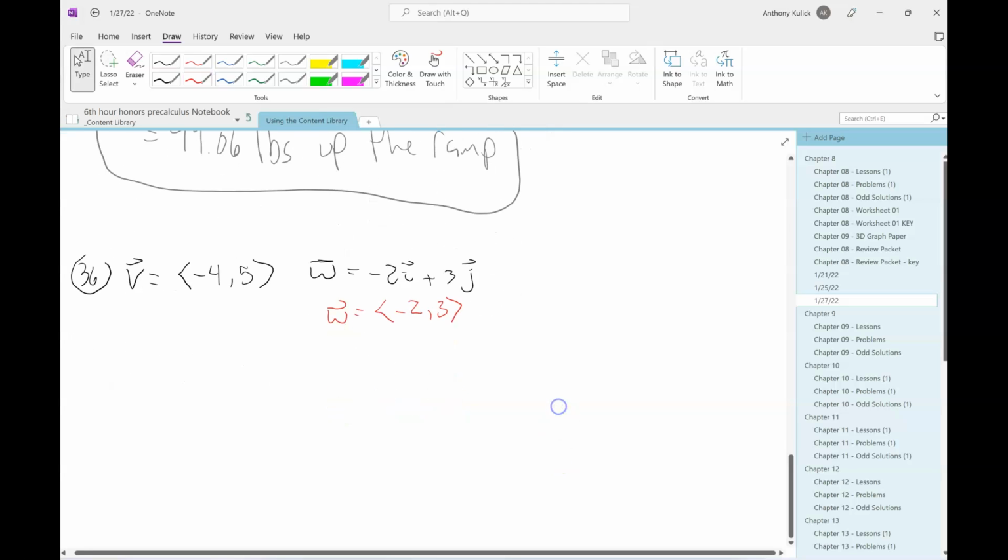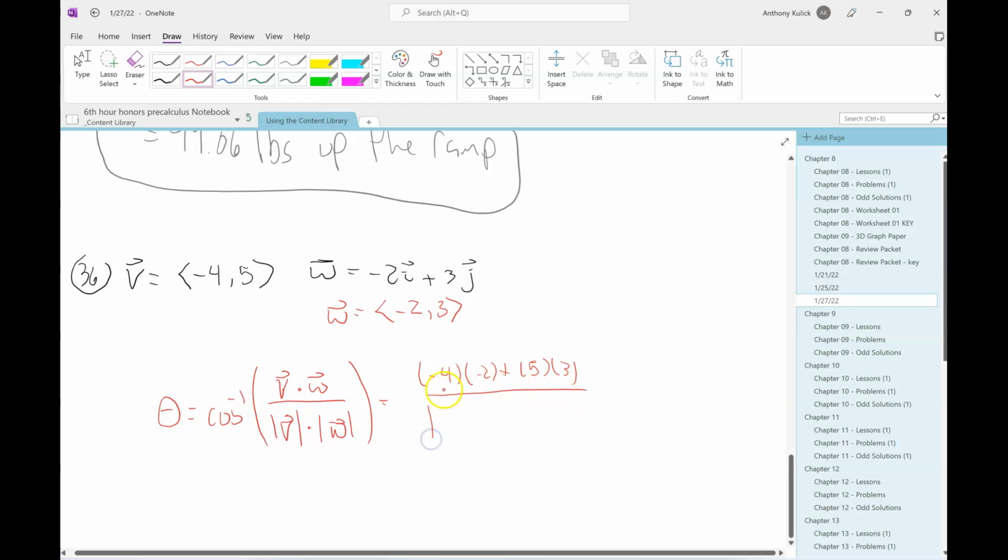It's real easy to do. And then the angle between two vectors is the cosine inverse of V dot W divided by the magnitude of V times the magnitude of W. So the dot product there, negative 4 times negative 2 plus 5 times 3, divided by, let's see, that's 16 plus 25, so that's 41, and then that's 4 plus 9, so 13. Oops, forgot my cosine inverse.